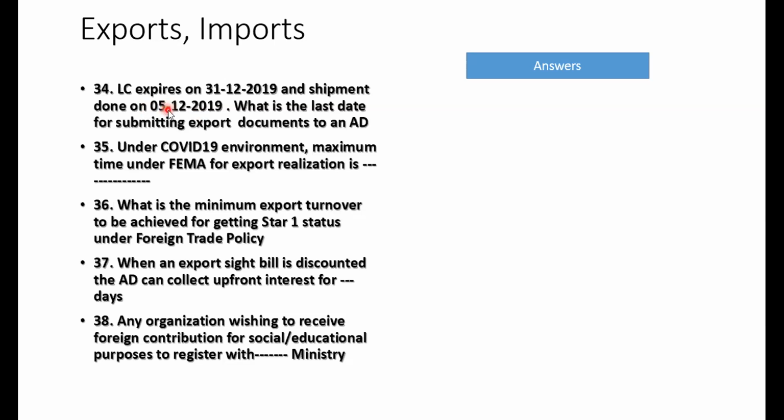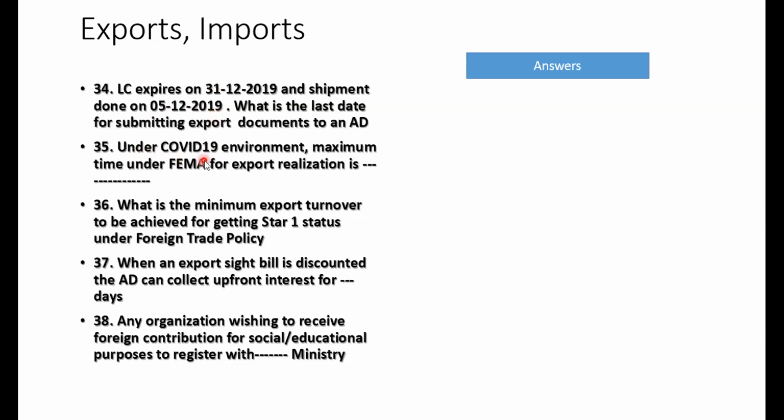Supposing instead of 5/12, they had shipped on 15/12, 21 days would go beyond 31. So the rule is, remember, 21 days from the date of shipment or before the expiry date of the LC, whichever is earlier. Keep it in mind. That rule will help you get 1 mark. Understood? Okay.